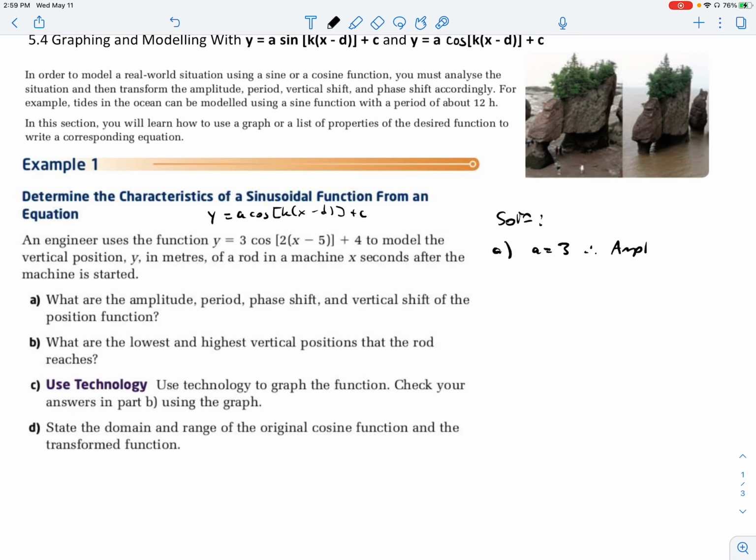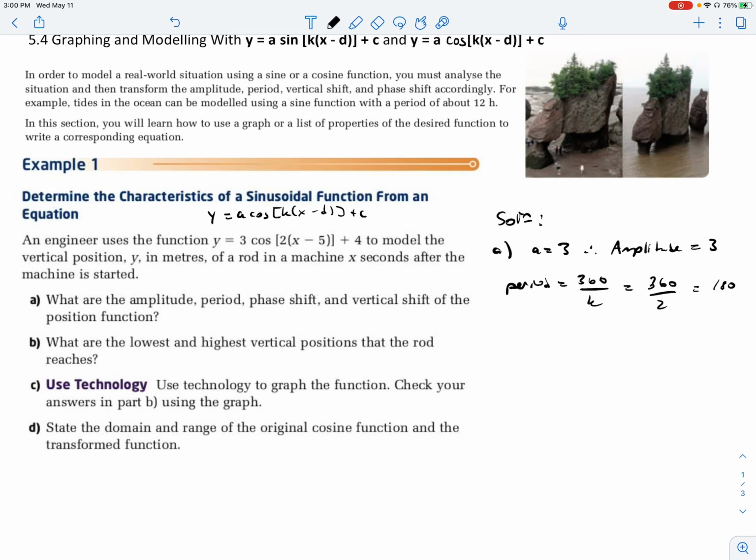Therefore, the amplitude equals 3. The period is going to be equal to 360 over k. k is 2. So we're going to get 180 degrees, or not even degrees, just 180.